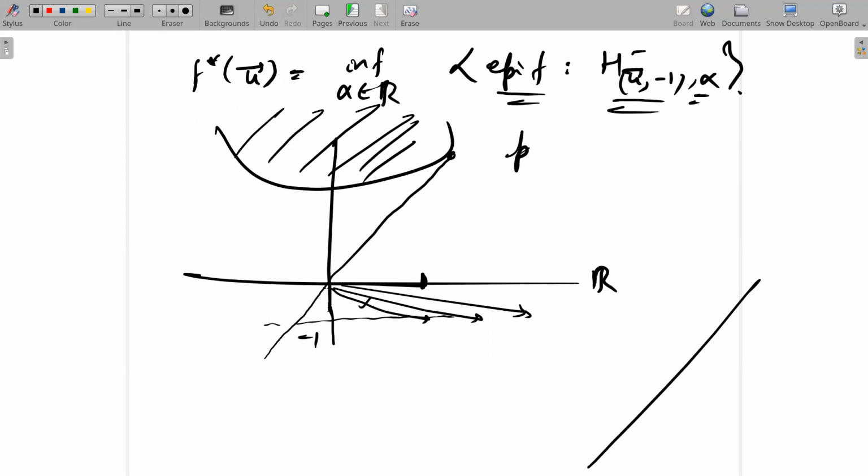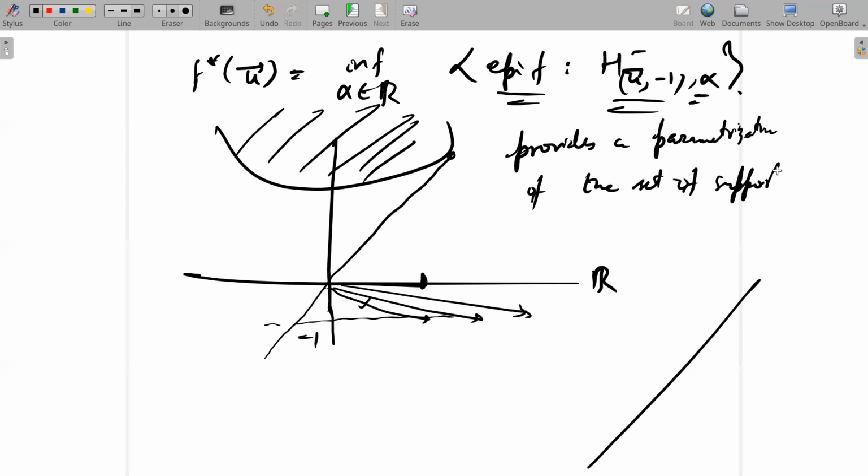So essentially, it provides a parametrization of the set of supporting half spaces of the epigraph of f. This is essentially something like that polar body we had talked about, or the support function, things like that.